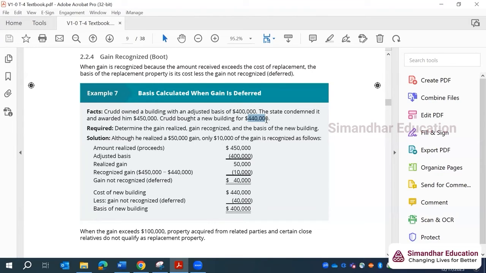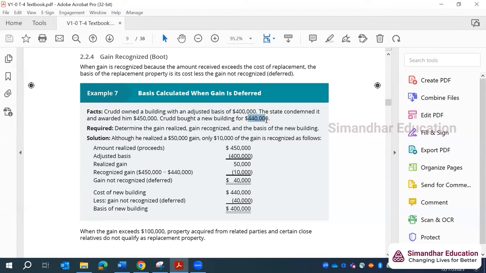All right, excellent. For the people who have responded, there will be no gain recognition because he realized a gain of $50,000 and he has reinvested the entire gain of $50,000. But here, the purchase price of the new building is $500,000.